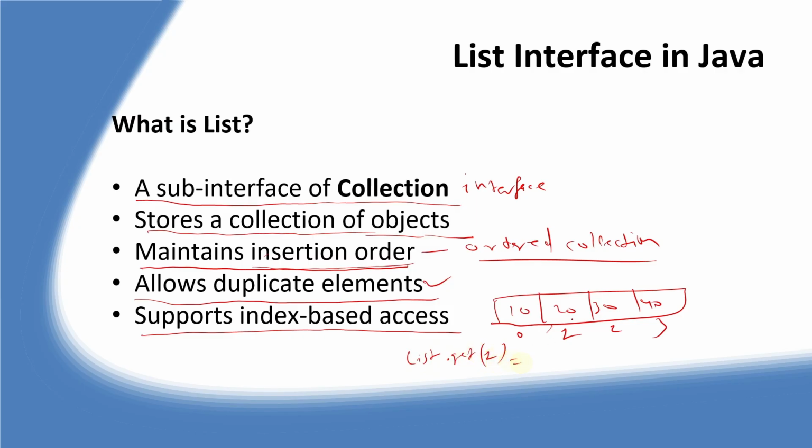So output will be 20. So it supports index-based operations. It allows duplicate elements, it remembers the order of insertion, and it stores a collection of objects. Instead of values, we can have objects here, and each will refer to some object.